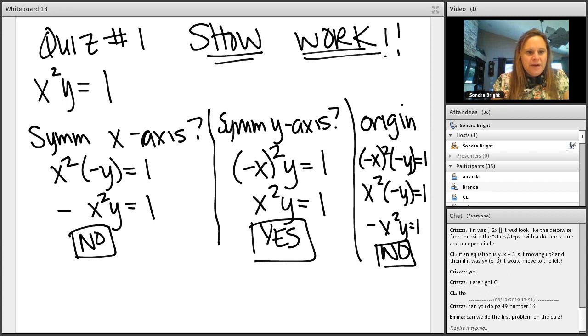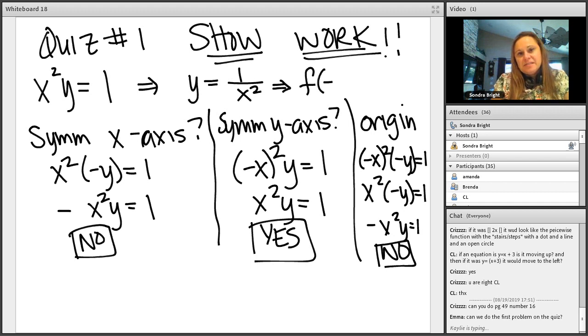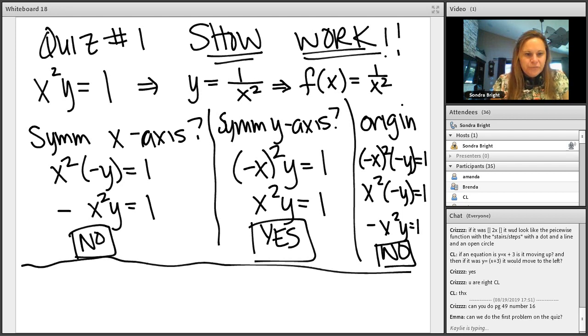And then to figure out if it's odd, even, or neither, I'm going to rewrite the equation. You see that I could rewrite this as y equals 1 over x squared. And y is the same thing as f of x. So this is f of x equals 1 over x squared. And to figure out even, odd, or neither, you need to plug in a negative x into x.